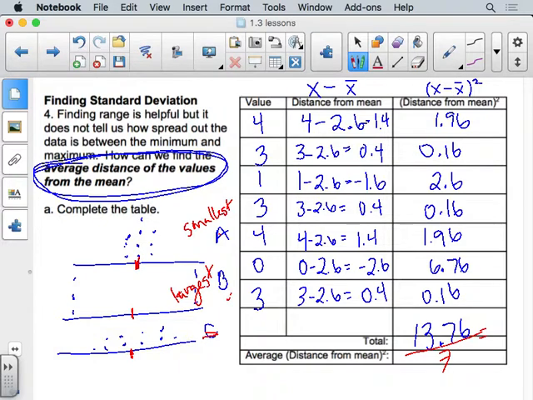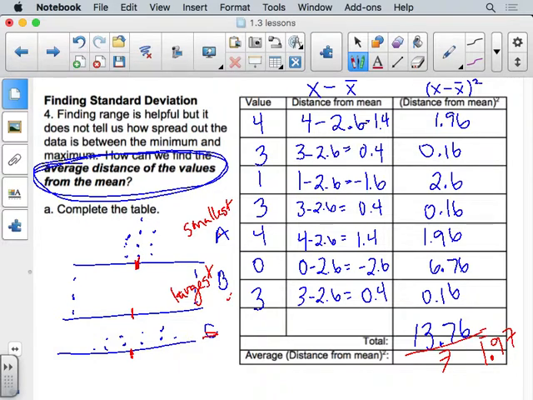Which is almost 2 something, looks like. 1.97. Alright. Seems very believable. Okay, so 1.97.